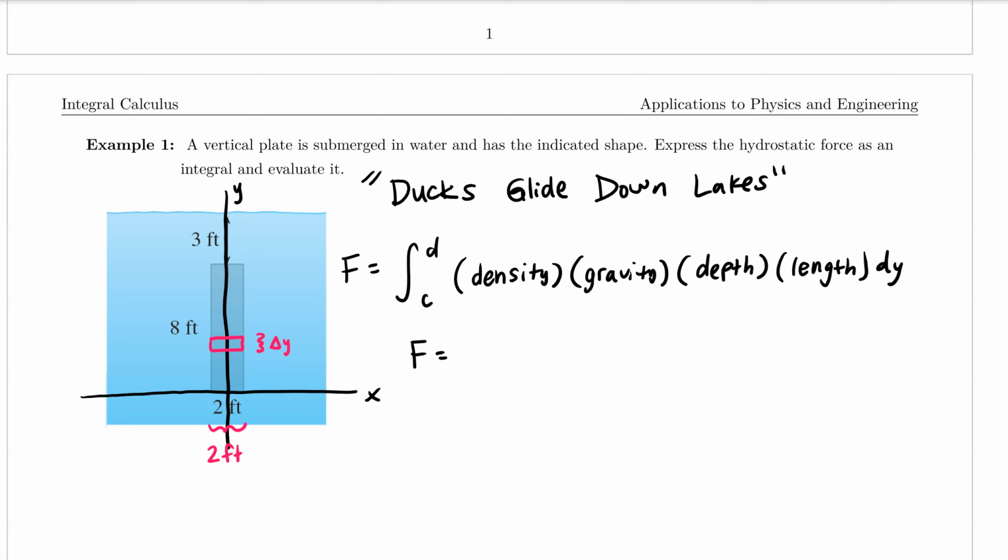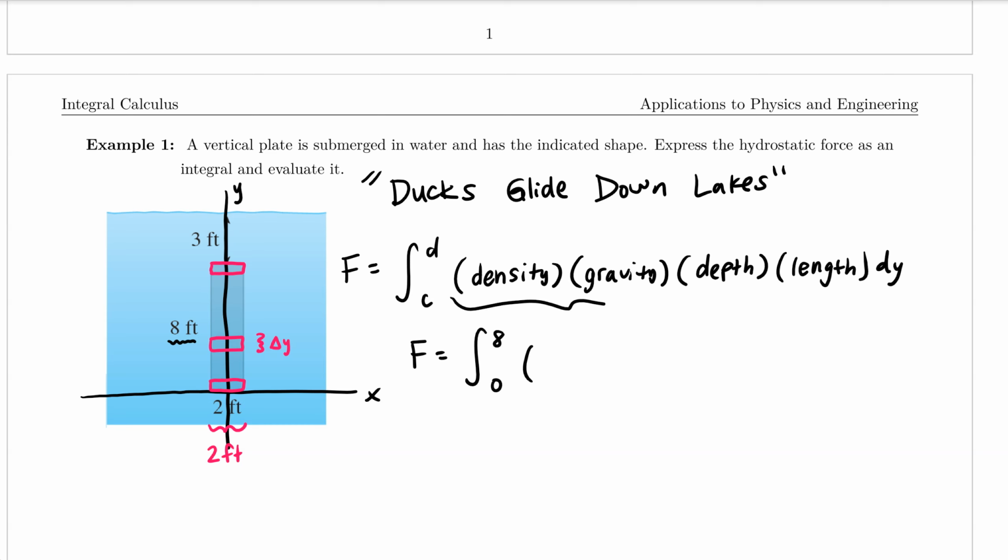So let's go ahead and start to set up our integral. The force is equal to, now the limits of integration: where are my cross sections starting? My very bottom-most cross section starts at y equals 0, and then it ends at y equals 8. So I'm going to have my integral from 0 to 8. Now, we are in the US customary system because our measurements are in feet.